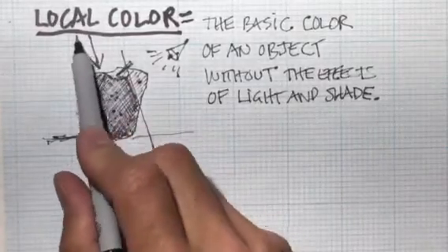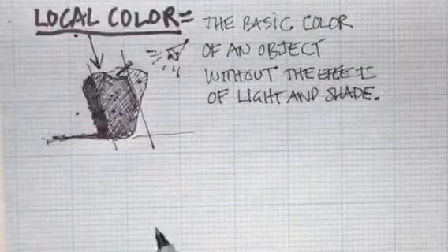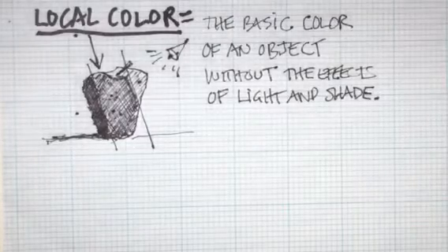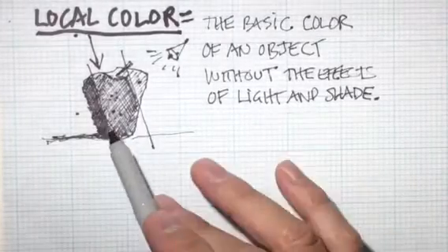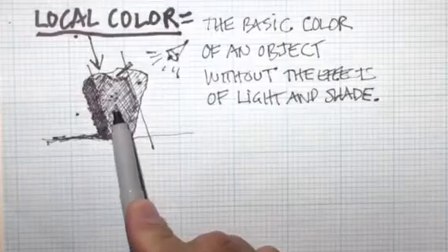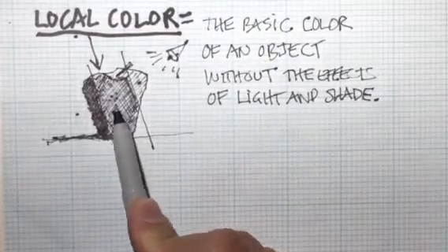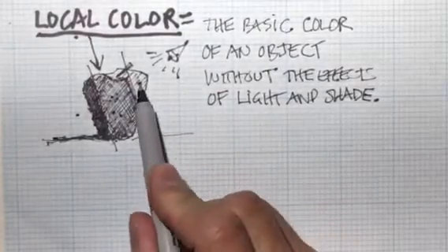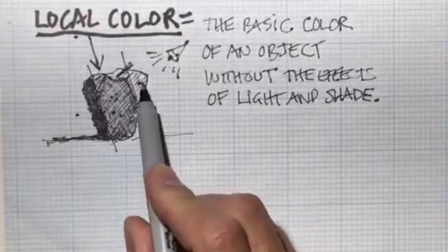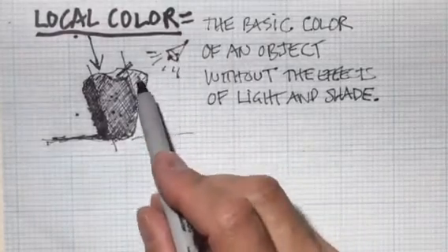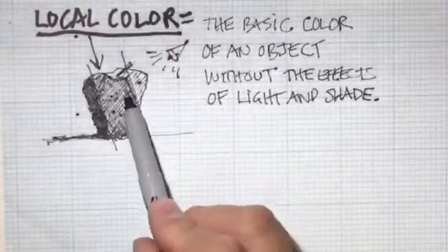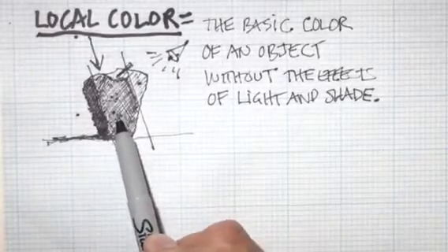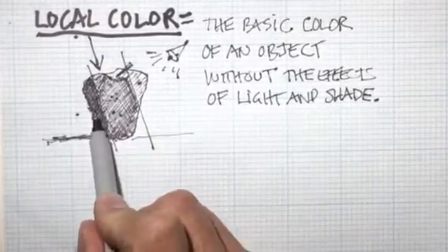So if we understand that local color is the basic color of the object, when we're painting it would probably be better to start off with the lightest color where the light is, and then slowly darken the object to its local color and then its shadow color.